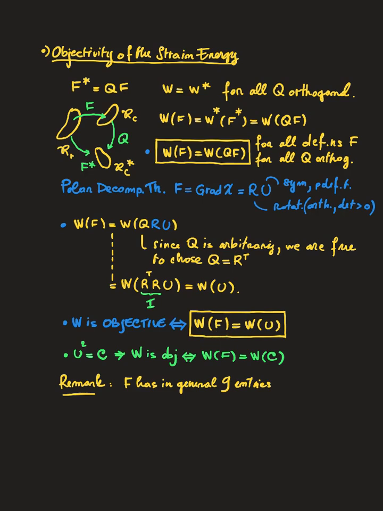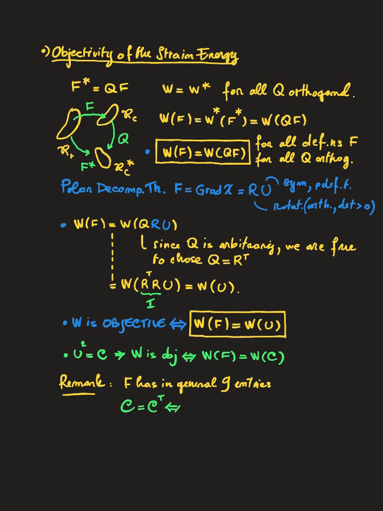However, the beauty of the interesting consequences of objectivity is that the strain energy shall not depend on all these 9 entries, but on fewer entries. Why? Well, I remind you that the tensor C, or if you prefer the tensor U, it's the same, the tensor C is equal to C transpose.